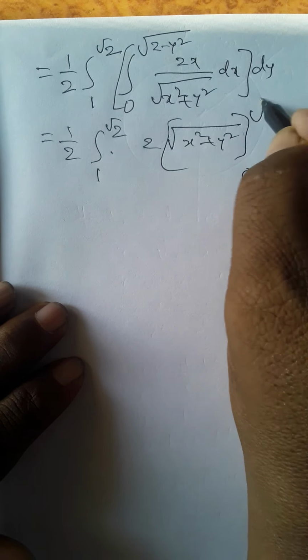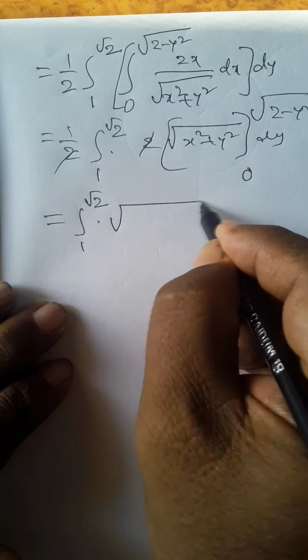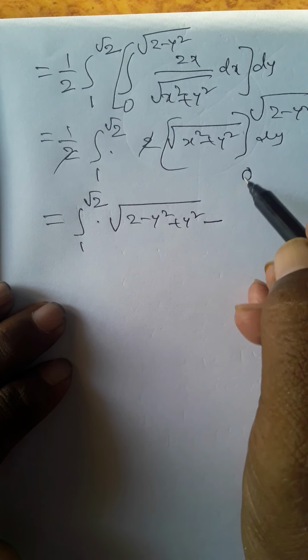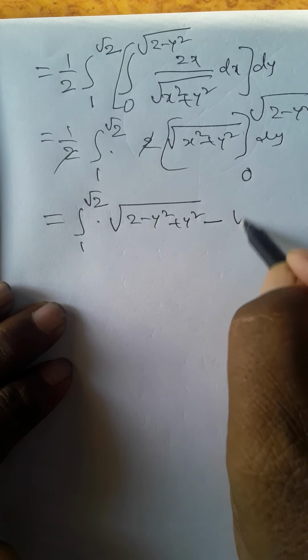The 2s cancel. Into 1 to root 2, put the upper limit: instead of x you write root of 2 minus y square, x square means 2 minus y square. So root of 2 minus y square plus y square, minus the lower limit root y square, dy.